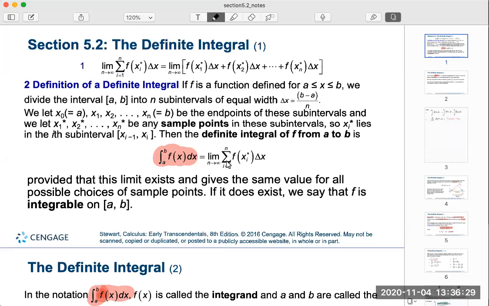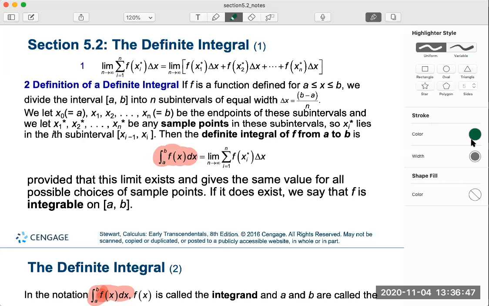So from now on, we can write the integration following this definition here in terms of a limit, okay? Where xi star are the sample points on that interval.